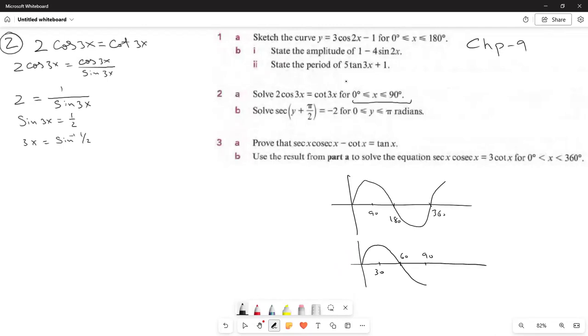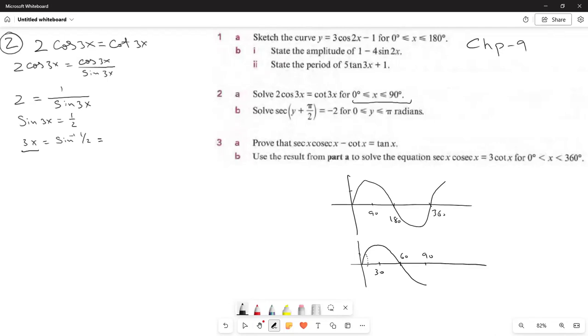Okay, and for what value of 3x is my answer half? So half, remember, this angle would be how much? It is going to be 10 degree. Does it make sense? Okay, let's talk about sine inverse half.